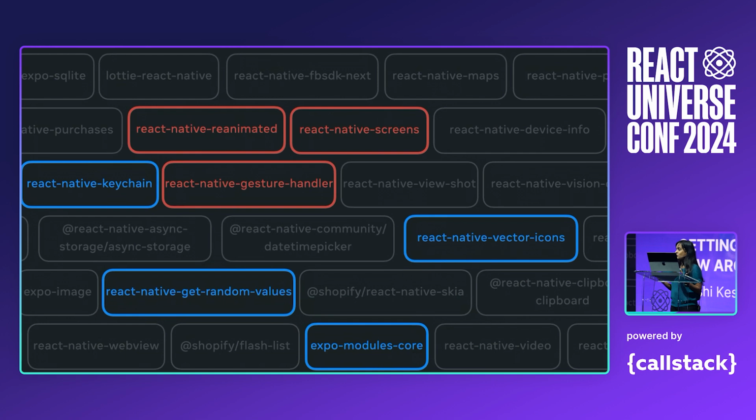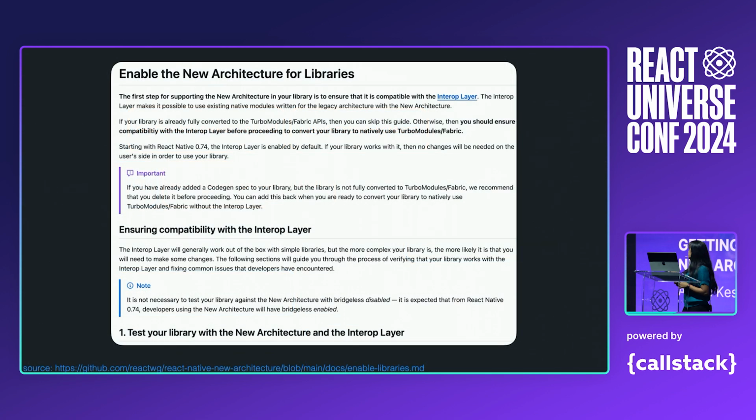I want to shout out to Software Mansion, who helped by contributing to the core, ironing out more than 20 bugs and edge cases to make sure that new architecture works smoothly for everyone, for you guys. And with support from Expo, we have also updated our guides on migrating a library to the new architecture. So I highly recommend you go check that out.